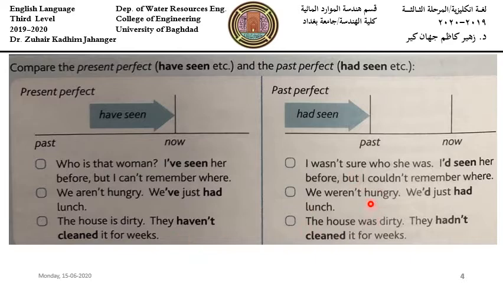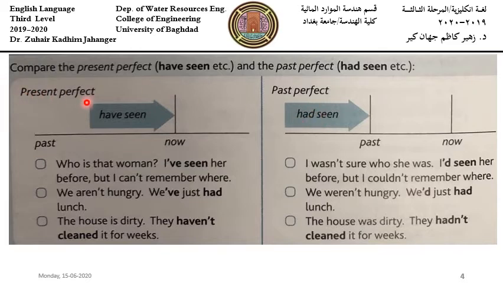But if you want to tell a story about a very dirty house you've seen before, you can say the house was dirty. When you were there, the house was dirty. They hadn't cleaned it for weeks. We say the house was dirty here because they hadn't cleaned it for weeks in this time scale.